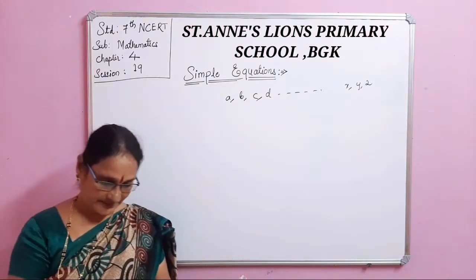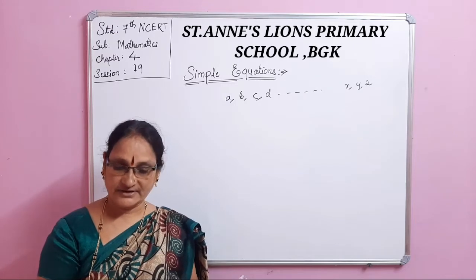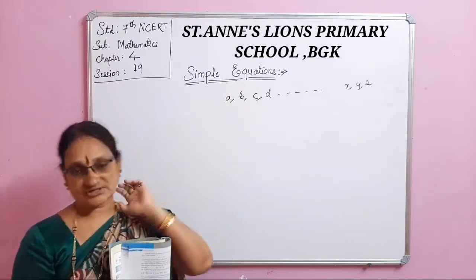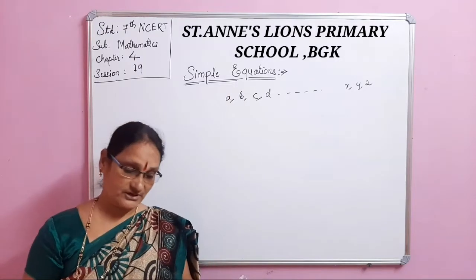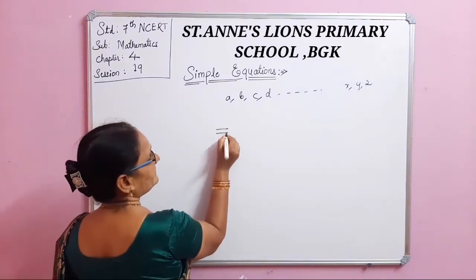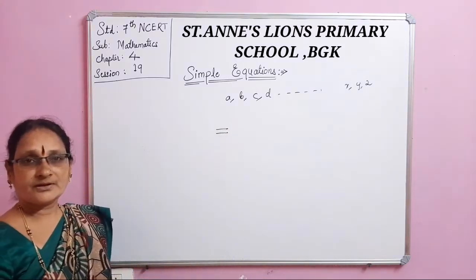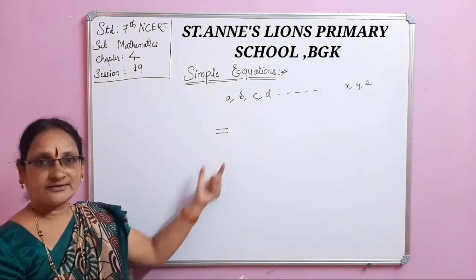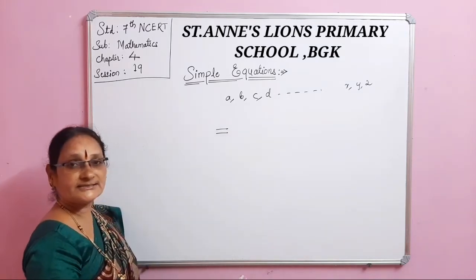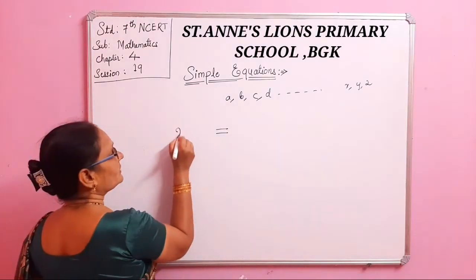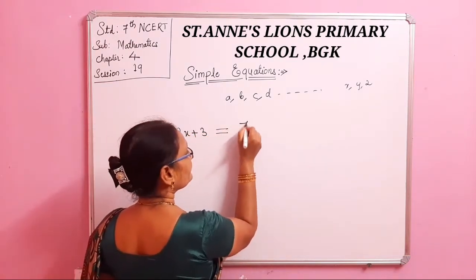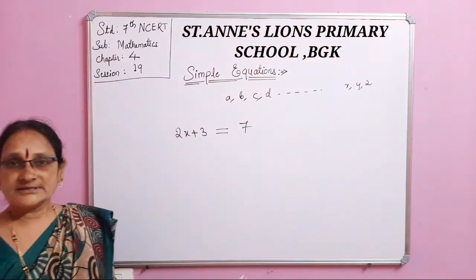After variables, now what is an equation? We will see. An equation means there must be an equality sign. For what is this equality? For LHS and RHS. For example, 2x plus 3 is equal to 7.